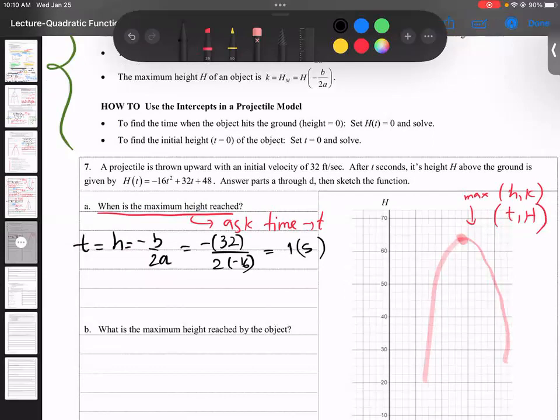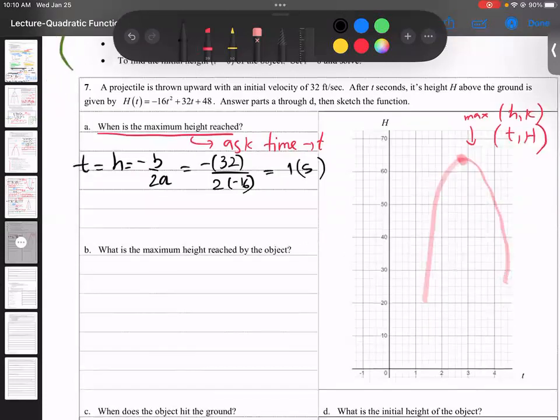What is the maximum height? Now they're asking for capital H, right? They're asking for y. For y, that'll be your k. So capital H is the same thing as k. You plug it in.